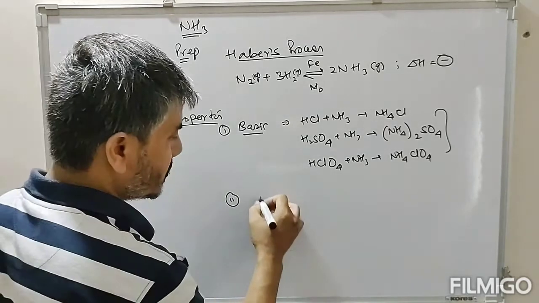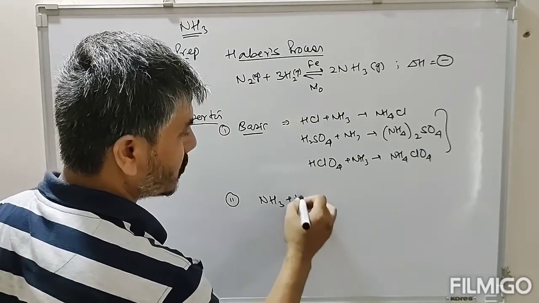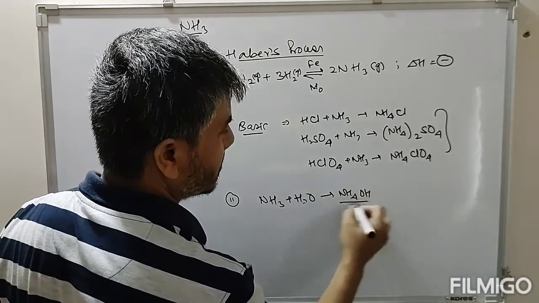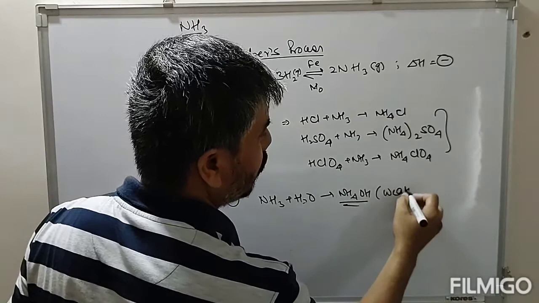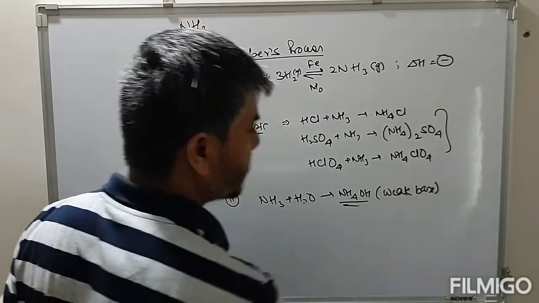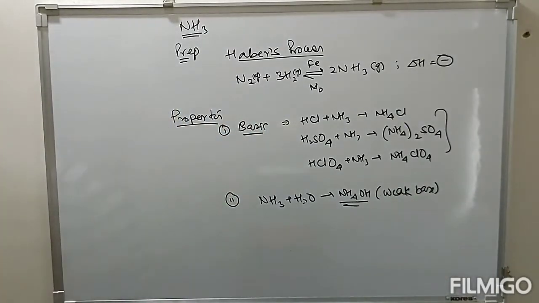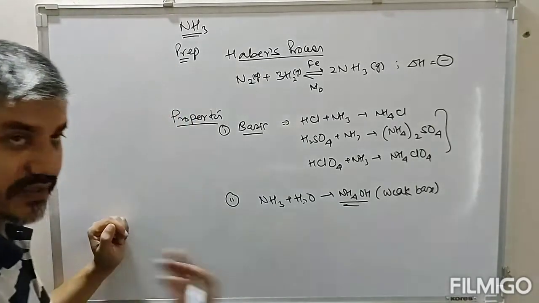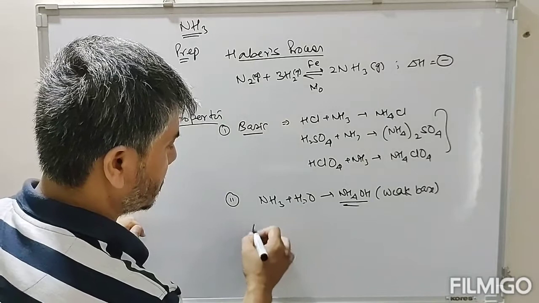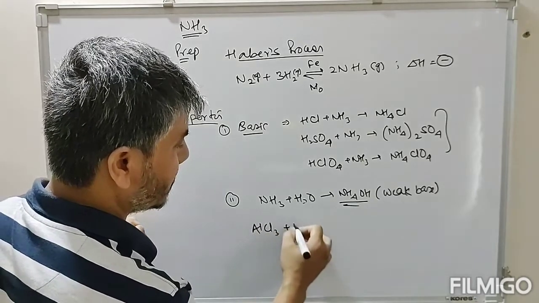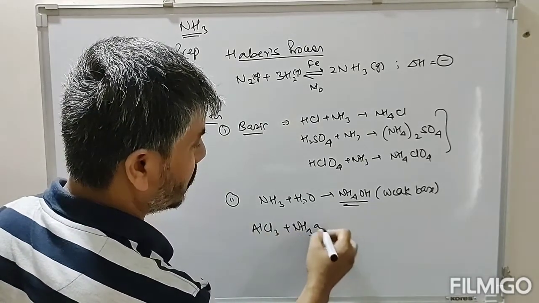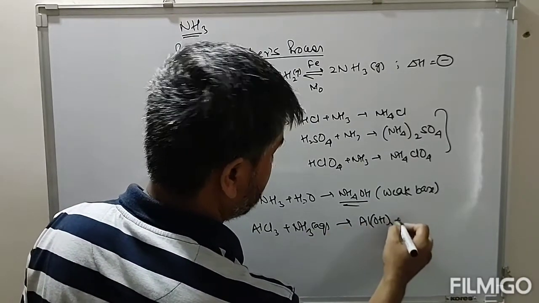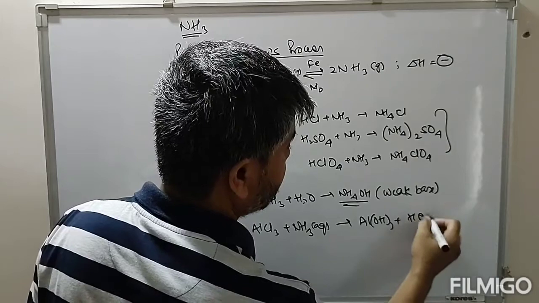Now the aqueous solution. Ammonia dissolves in water to give ammonium hydroxide. So this is a weak base. Ammonia is not a strong base, but a weak base. The aqueous solution is used for hydrolysis. Look at this: AlCl3, when it reacts with aqueous ammonia, gives the hydroxide plus HCl.